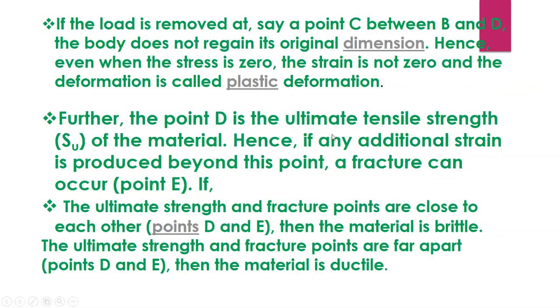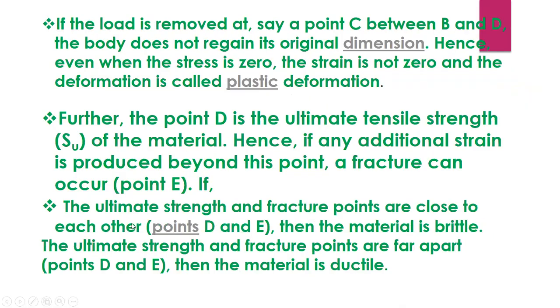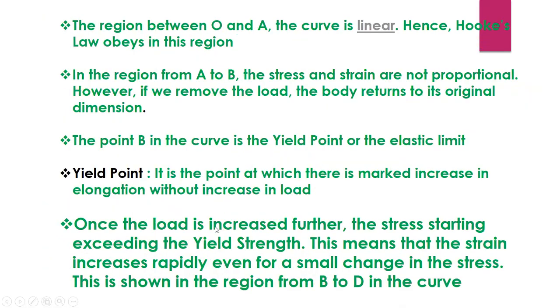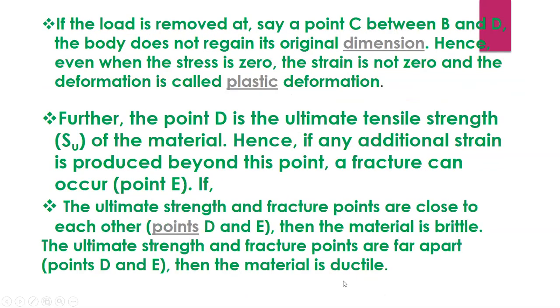It will be brittle. If the ultimate strength and fracture point are far apart, the material will be ductile. So if the fracture point and ultimate strength point are very far from each other, you can see that it is ductile. If it is near, it will be brittle. The other one will be ductile.